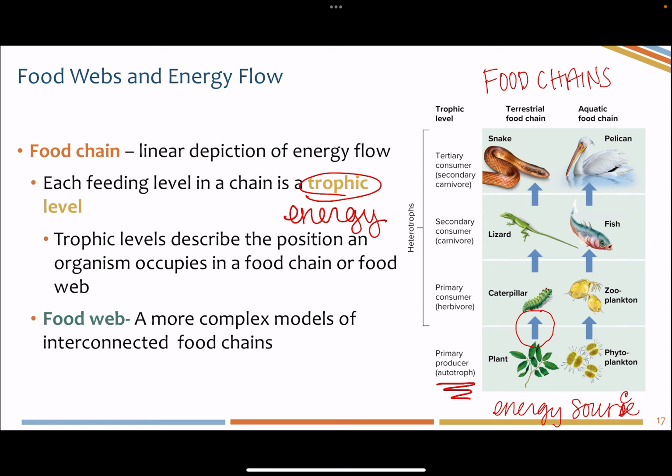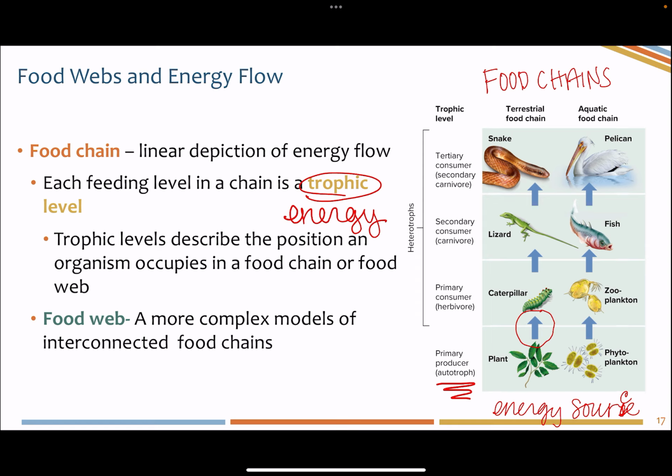So our lowest level with the highest amount of energy is going to be our primary producers, because these are the ones that are bringing in energy from the environment, capturing it and converting it into chemical energy. Above them, we have our primary consumers.